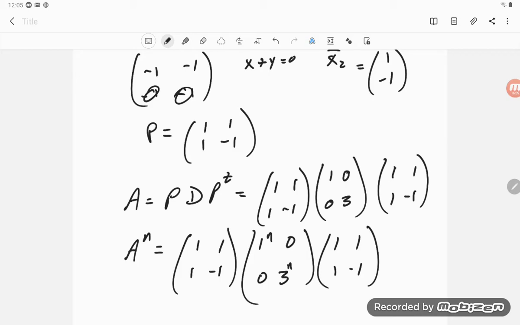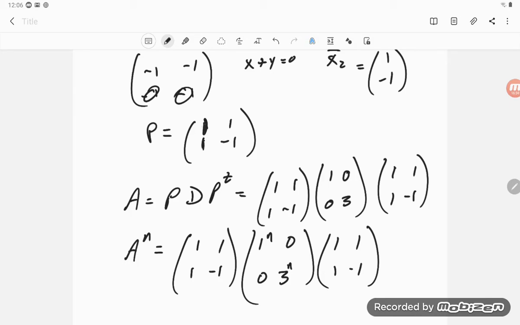Okay, hopefully you can learn from my mistakes. I just realized, all of a sudden it hit me. When I made the P matrix here, I forgot to make it orthogonal, or in other words, unit vectors in here. So instead of 1, 1, that's not a unit vector.